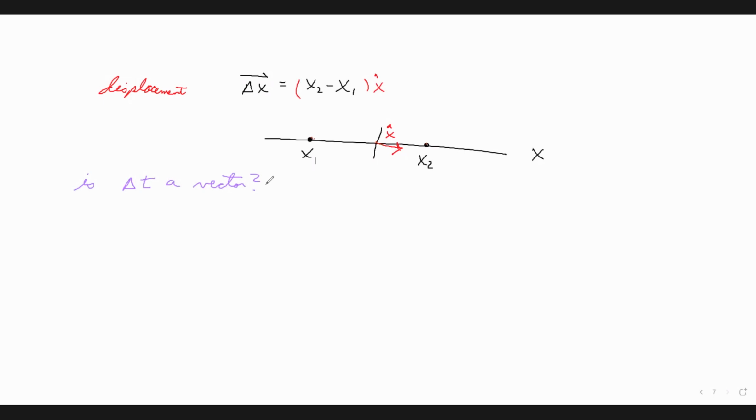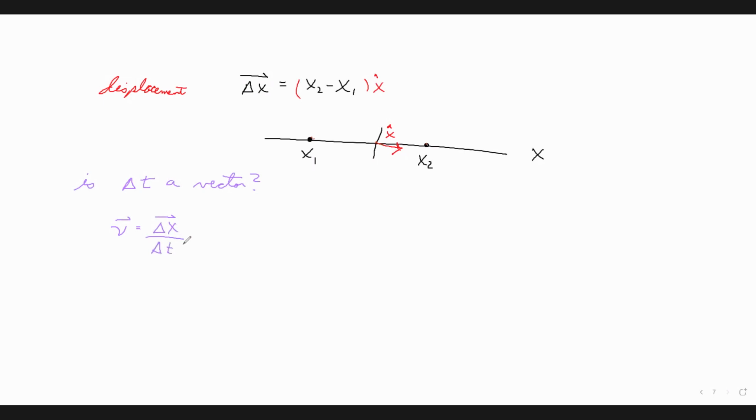Now, let's see, displacement is a vector. Velocity v is also a vector. It is defined, actually the average v, I'm going to define first, as delta x, which is a vector, over delta t, which is a scalar.